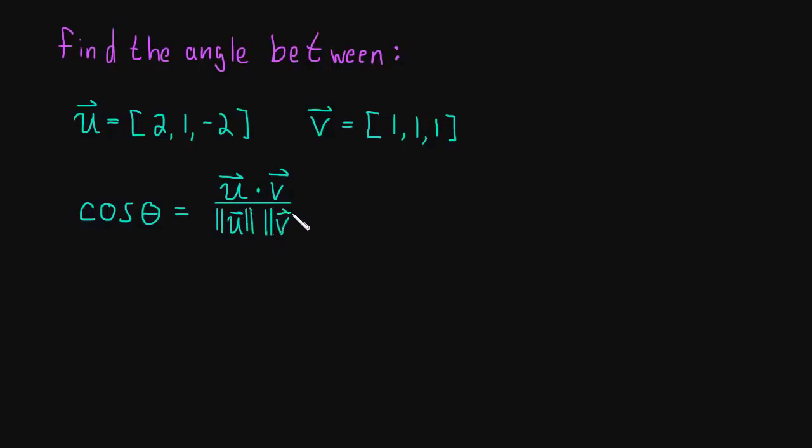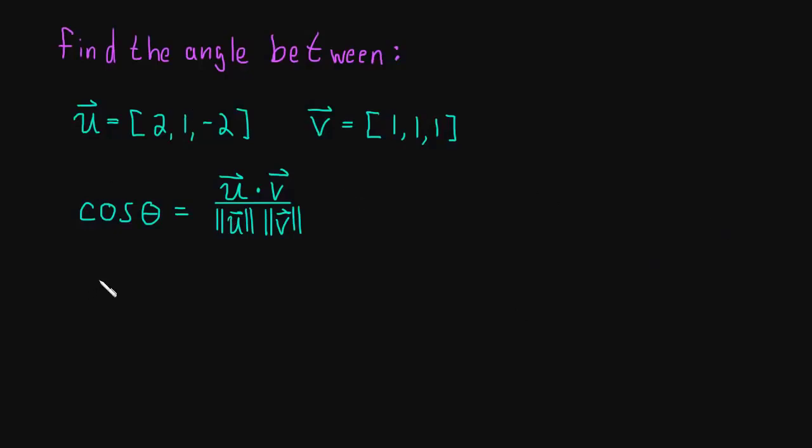So if we want to find the angle between two vectors, we have to do just a few computations. We have to find the dot product, and then we have to find the length of each vector. So let's go through that.